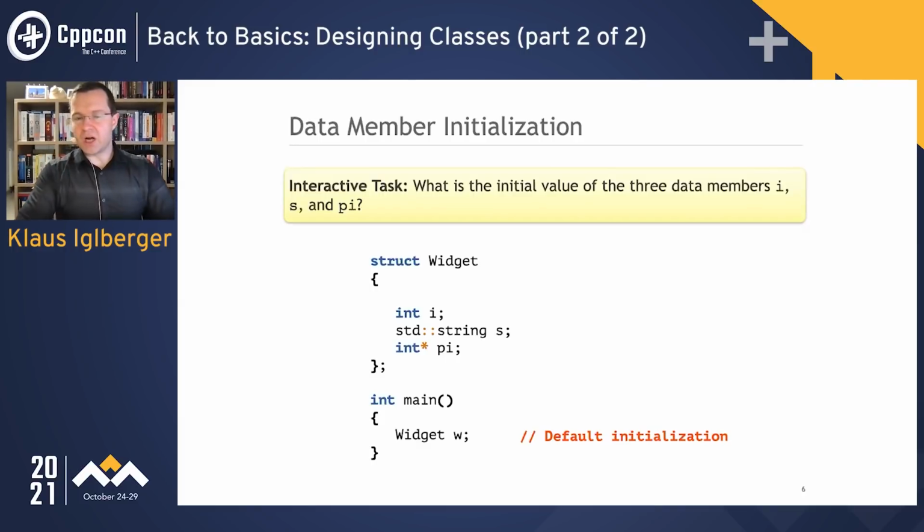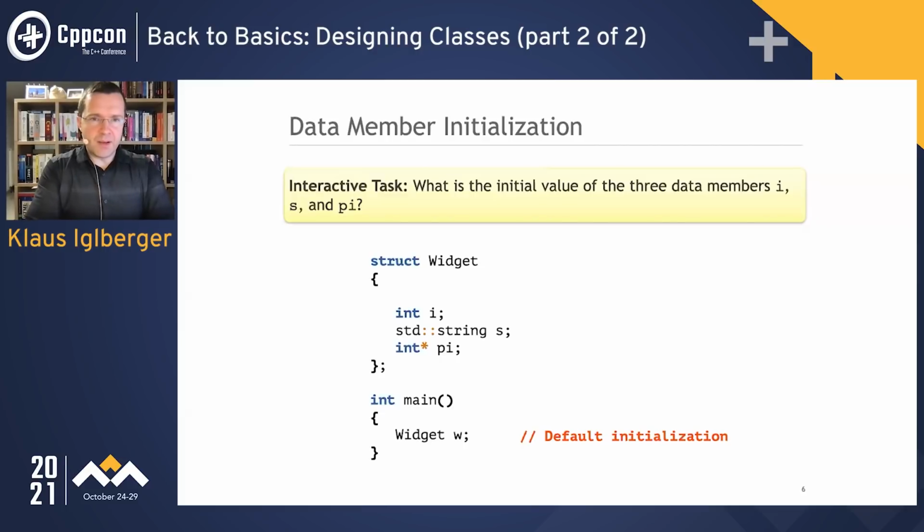In the main function, I'll now create a widget W. Now I'm interested in what exactly will be the initial value of these 3 data members: the initial value of I, the initial value of S, and the initial value of PI, the pointer?